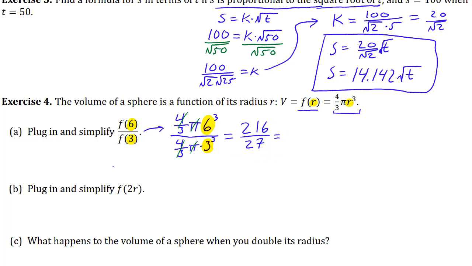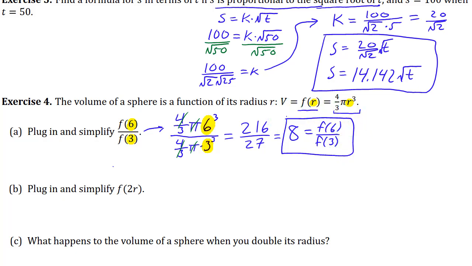And 216 divided by 27 is 8. So what you get is 8. So that is equal to f of 6 over f of 3.